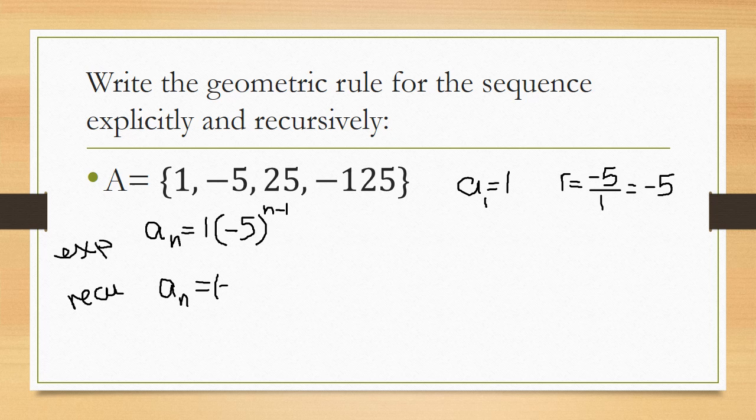So I'm going to end up with -5 times a sub n minus 1, and I need to identify the first term. So I need to write down that a sub 1, or the first term, is 1. And this is how we write the rules for a geometric sequence explicitly and recursively.